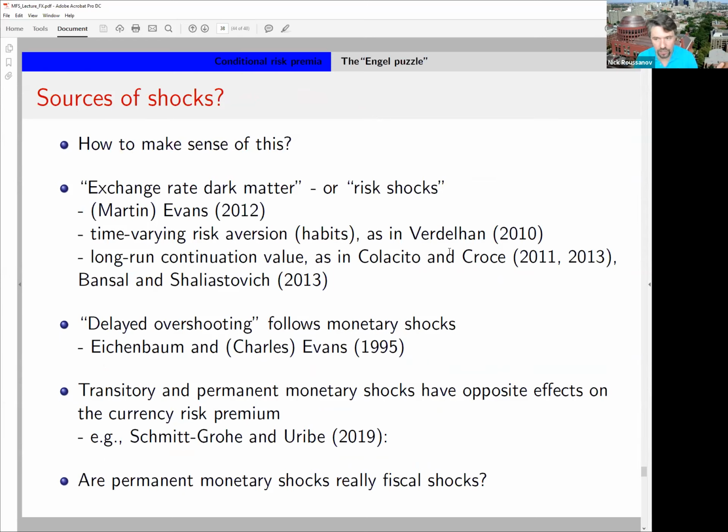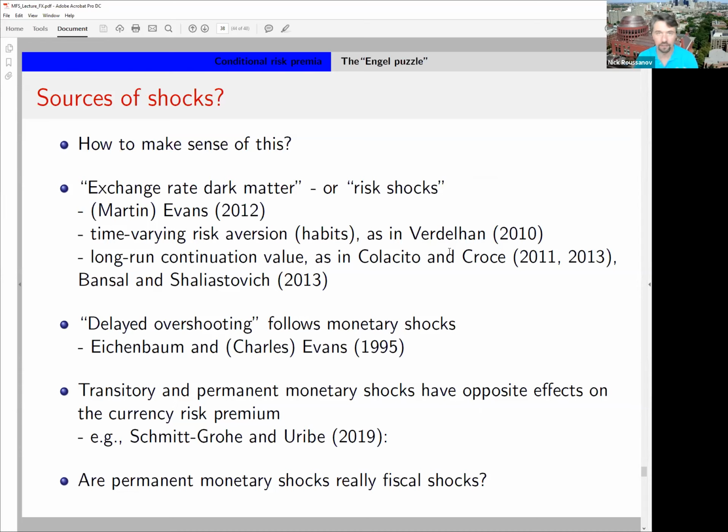What drives exchange rates? Most of our models that Adrien talked about in asset pricing are about the real exchange rate driven by differences in conditional risk or risk premia, risk aversion, or magnitude of risk, depending whether you like the habit model, where it's risk aversion, or Epstein-Zin long-run risk, where it's differences in uncertainty.